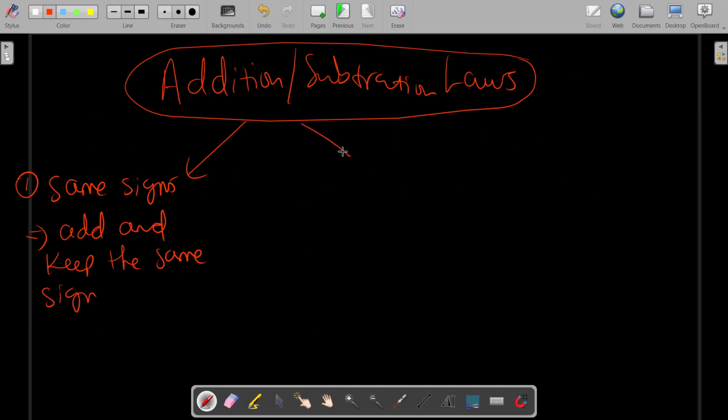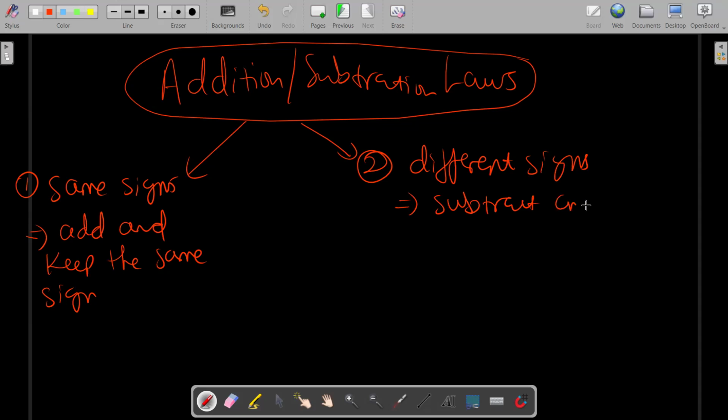The second law is the different signs law. When you have different signs, we're going to subtract and keep the bigger sign. Now when I say bigger, I mean the heavier sign.